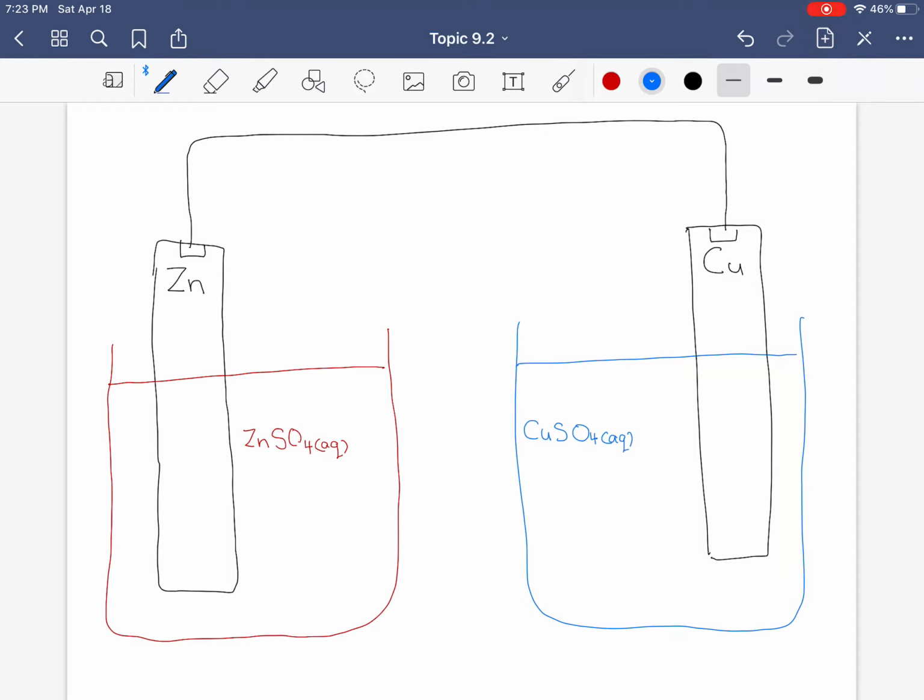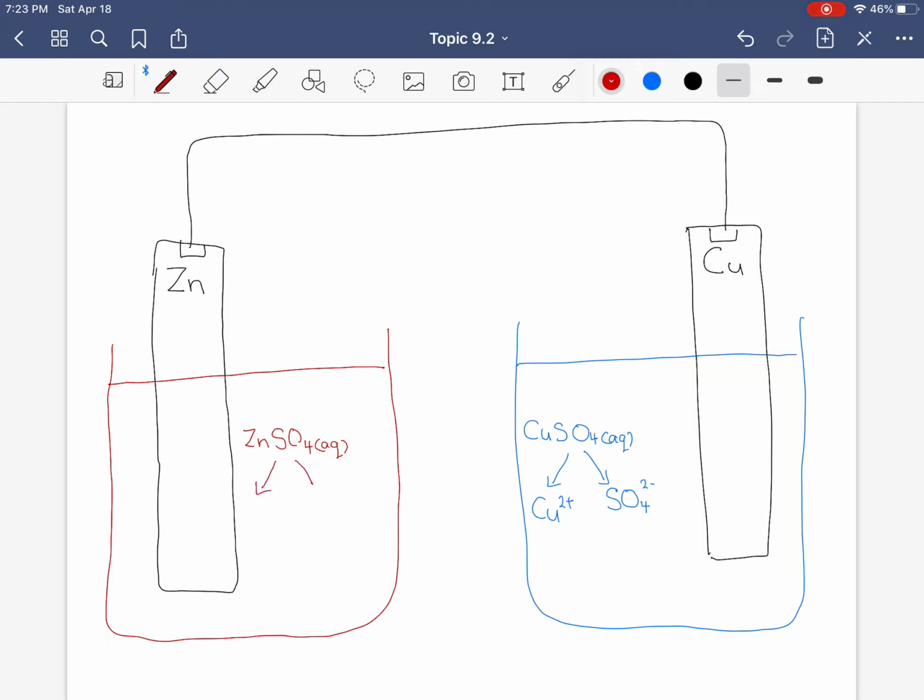Now, since these are solutions, they are not going to exist as copper sulfate. We know they will dissociate to be copper 2 plus and sulfate.